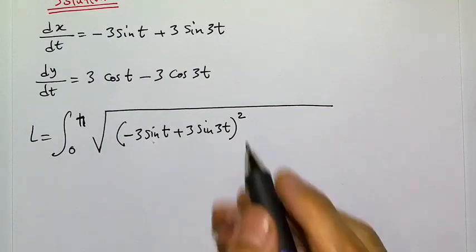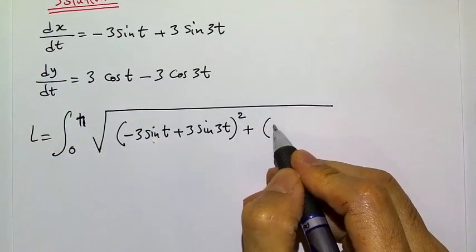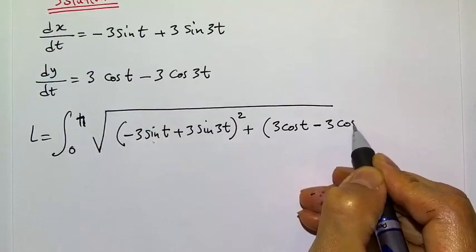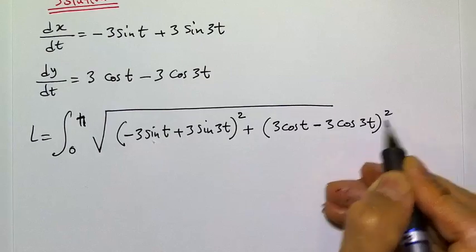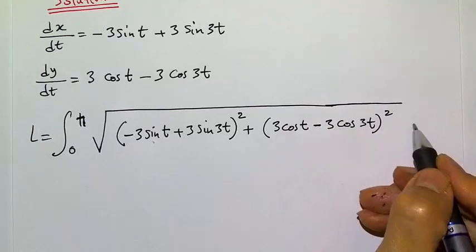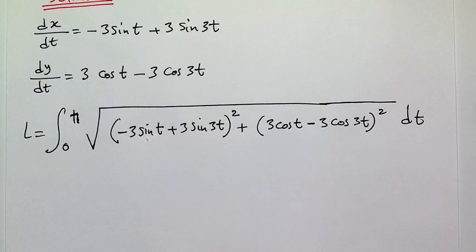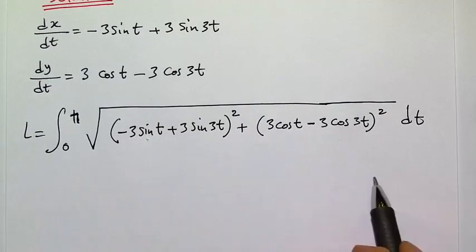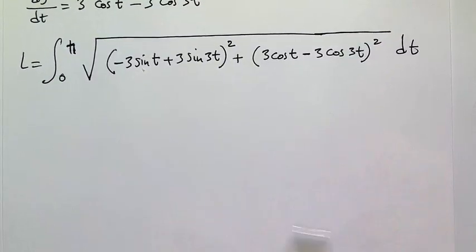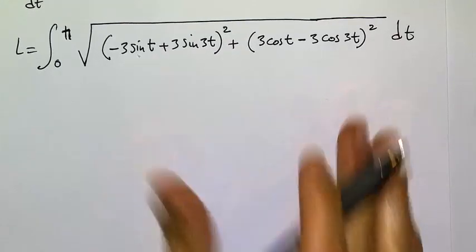And then plus dy dt squared. So we have 3 cosine of t minus 3 cosine of 3t, squared. Like this. dt. Okay. All right, so I hope I can fit it all across the page. Maybe I should write a little bit smaller, but we need to expand each of these binomials. So let's do that.